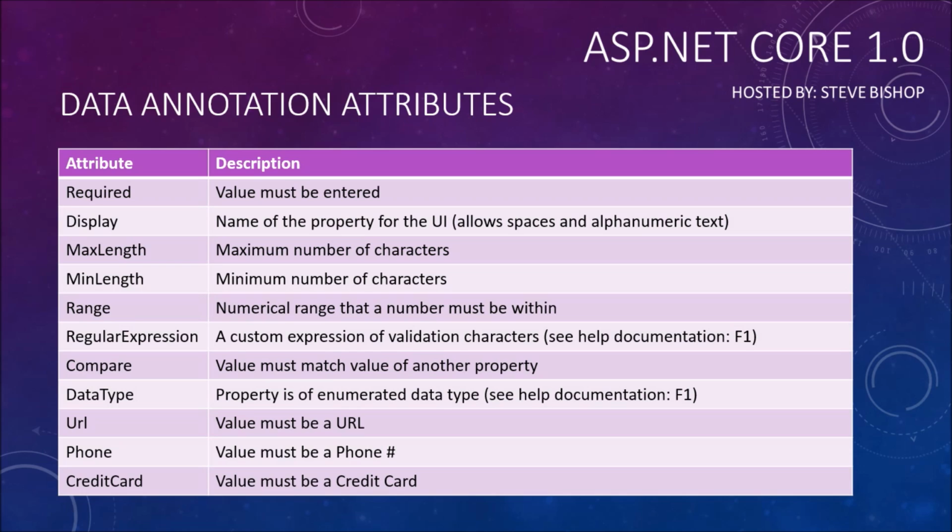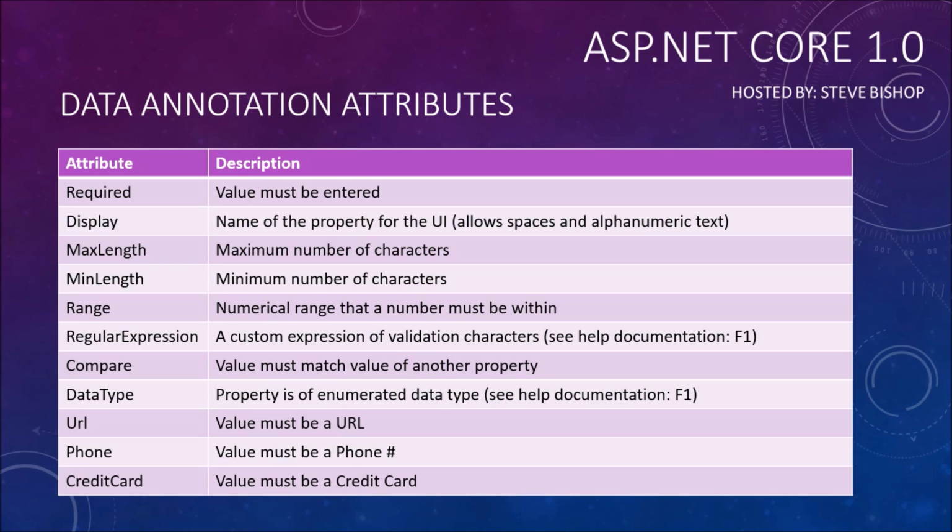The last three attributes, URL, phone, and credit card, are pretty self-explanatory. These do need to be on string properties, so URL, phone, and credit cards are all actually strings. And the URL, phone, or credit card attribute will verify that the data in that particular property matches either a URL, a phone number, or a credit card number.